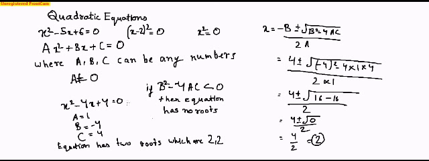So from here comes our next statement: if b square minus 4ac becomes 0, then in that case we will get equal roots.